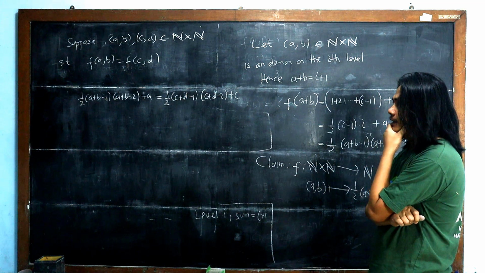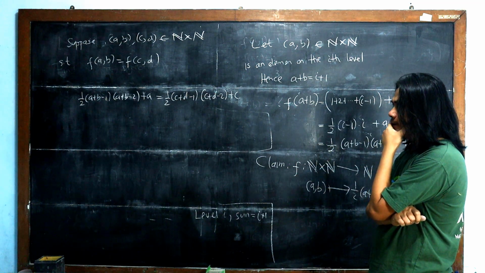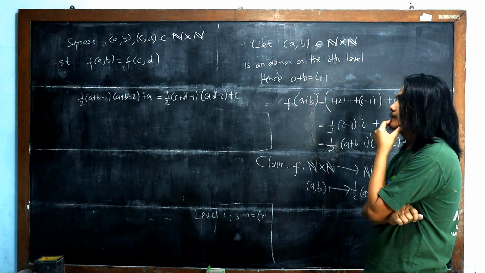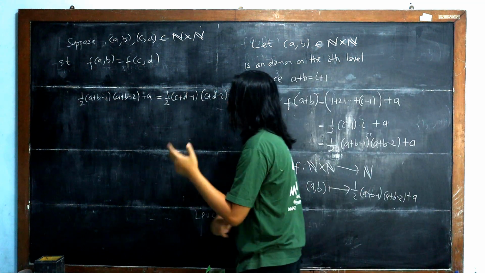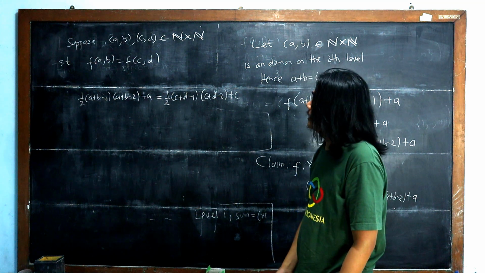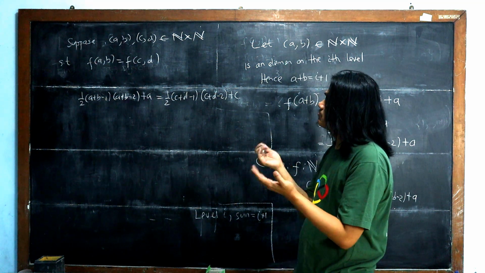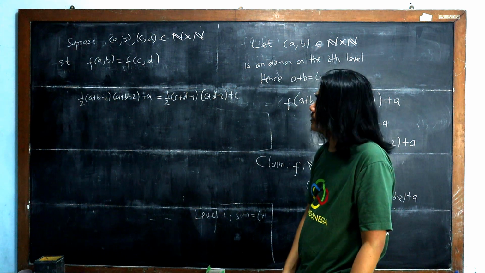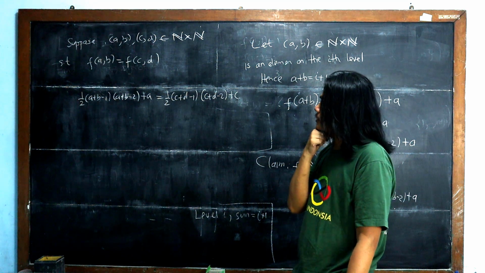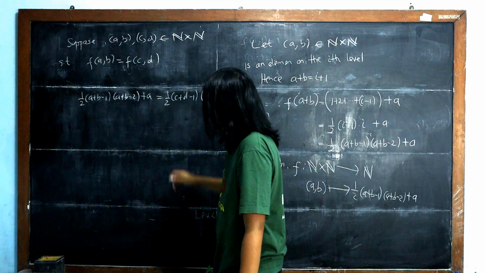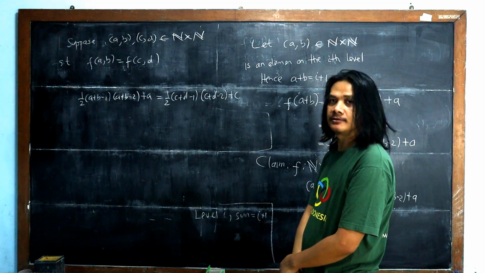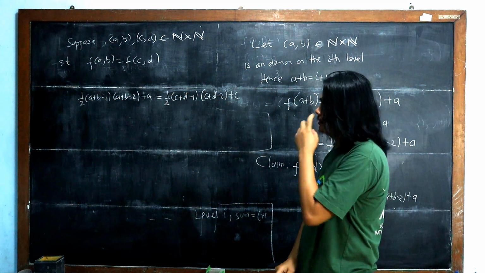So with that information in mind, first of all, in order for f(a, b) to be equal to f(c, d), we need (a, b) and (c, d) to be on the same level, right? So which means that we would like to conclude from this equality that a plus b must be equal to c plus d, right?